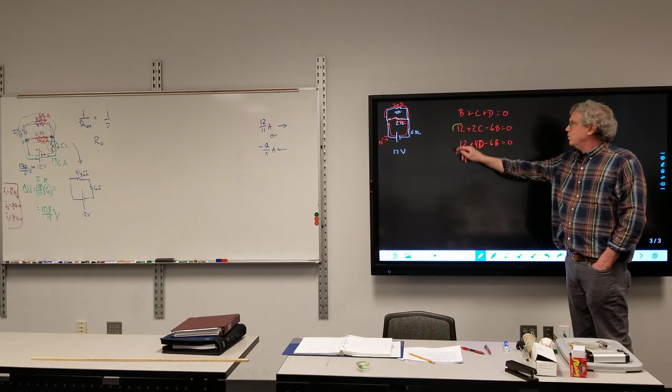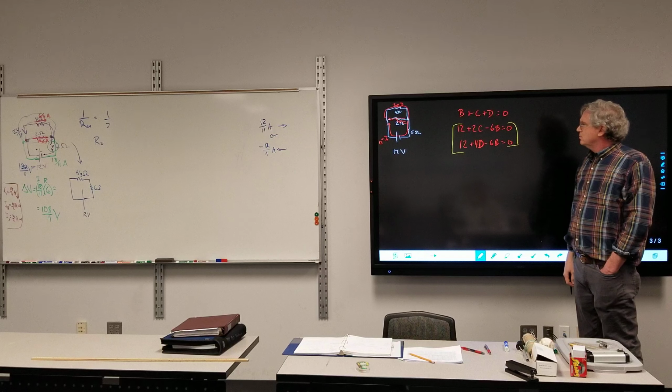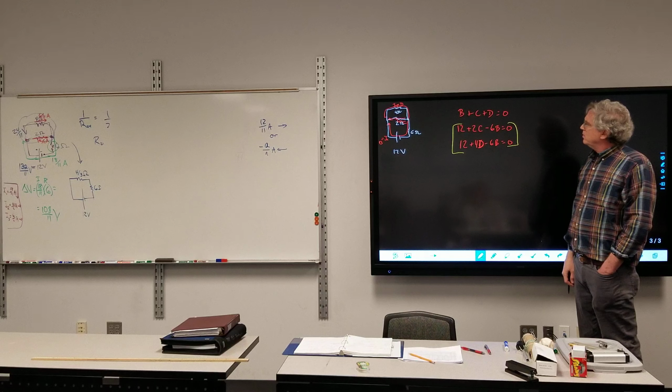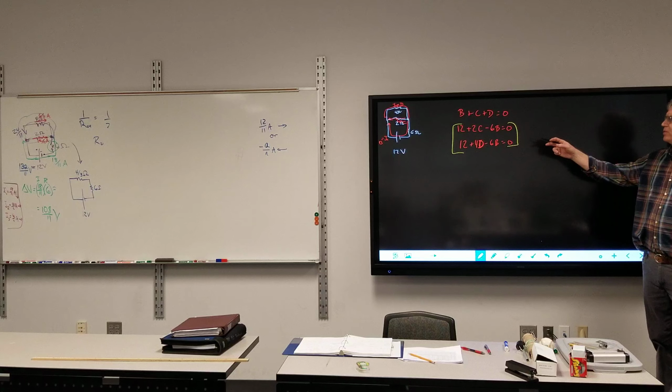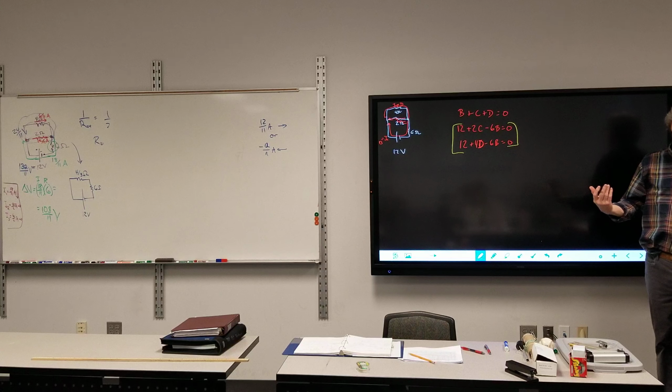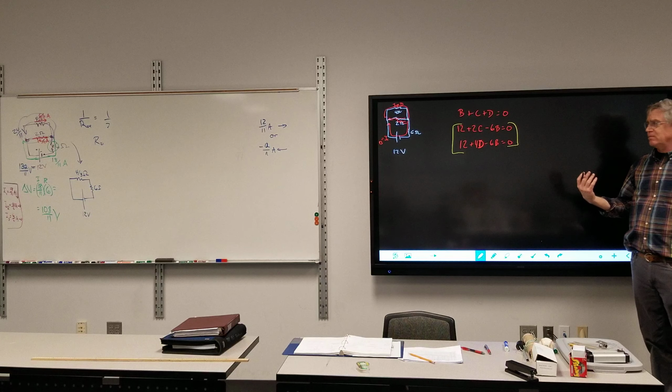Well, if I look at these two equations, is that really what I want to do? Yeah. What I'm going to do is I'm going to multiply one of the equations by -1. The math people insist it's correct if I do that.